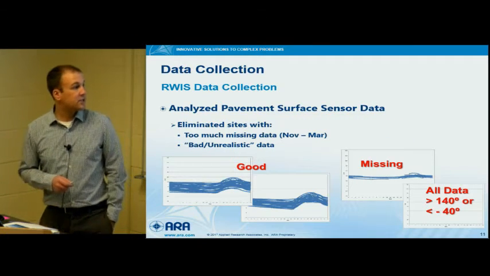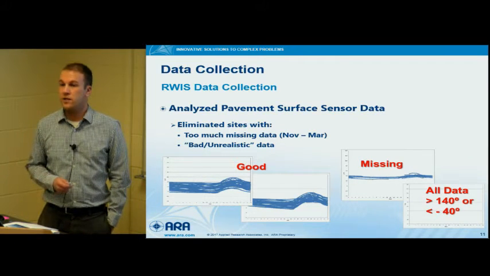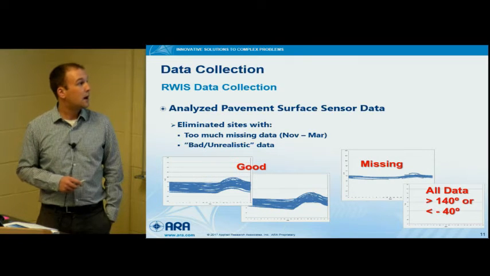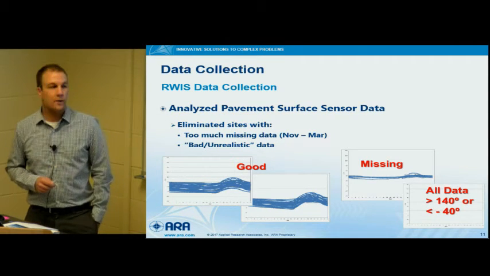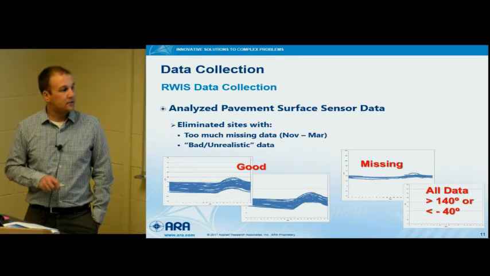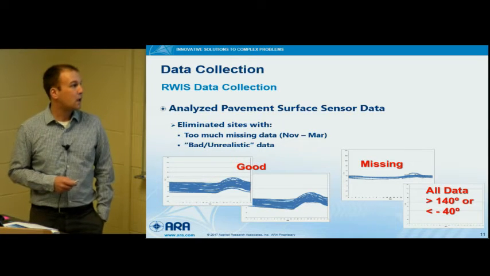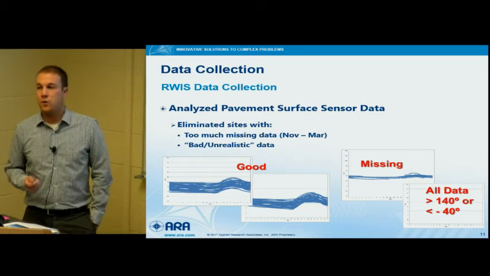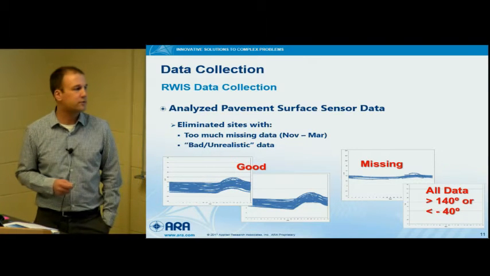So here's an example of some of the data that you'll see from these RWIS stations. So these are the actual in-field data. This is a good example because you want continuous data throughout a long stretch of time. And a lot of these stations had some missing data, so it just stops randomly or something will happen with the sensors. So that's the one thing. And we wanted to focus on temperatures between November and March because that's when you're typically going to see your pavement temperatures dip closer to freezing.